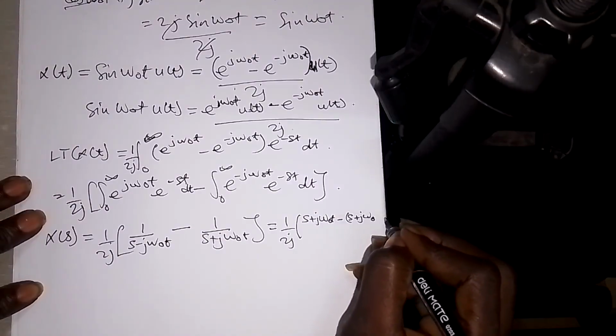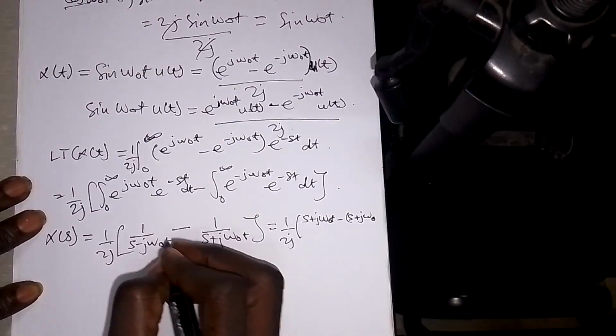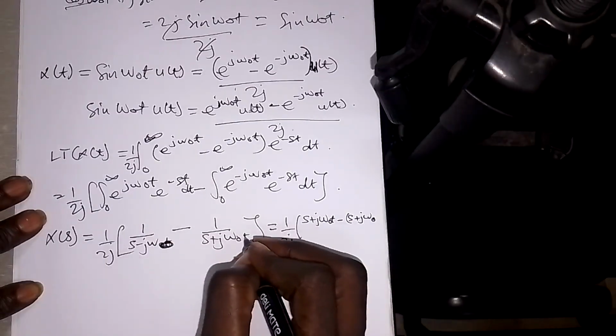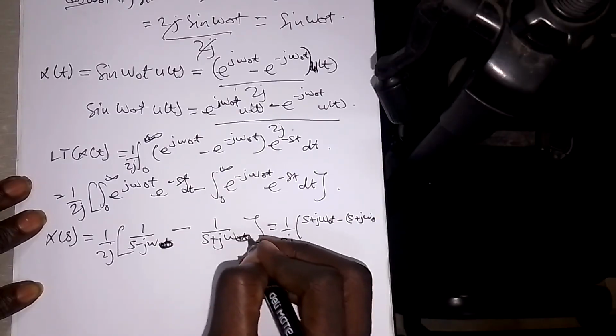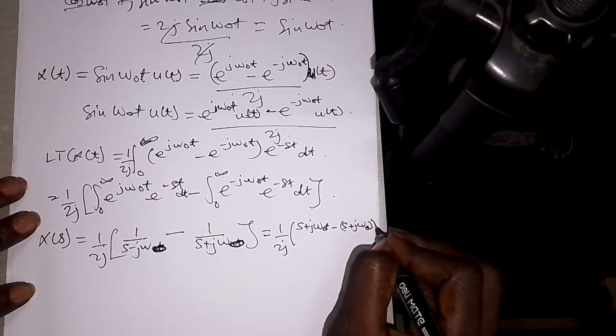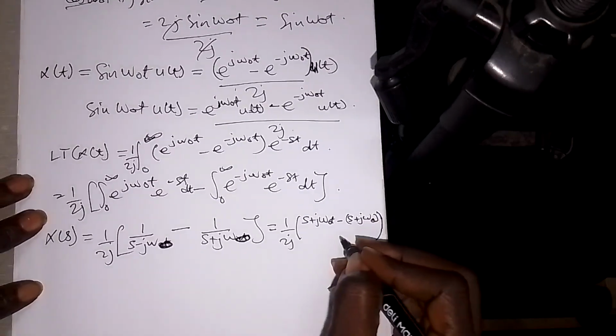Sorry, there's not supposed to be any t here, it's j omega naught. Then let me close this bracket, like this.